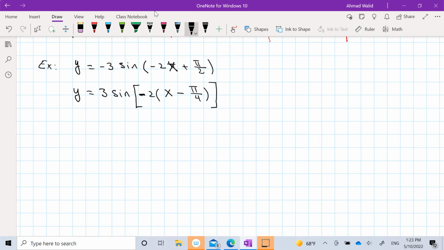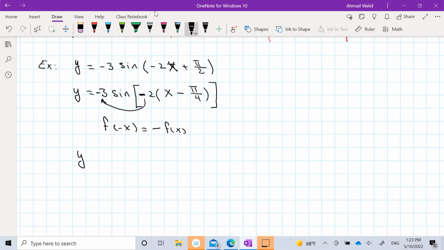Remember, the graph of sine is an odd function. It means f of negative x equals the negative f of x. It means you can bring this negative to the beginning, correct? And you have another negative there also.